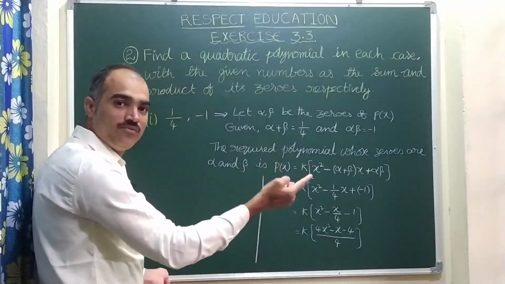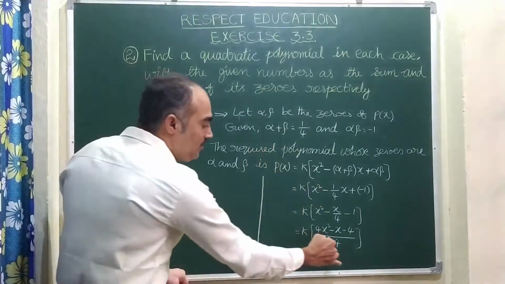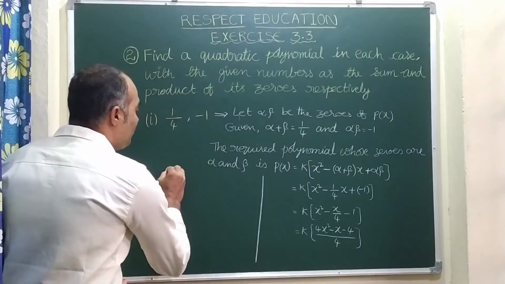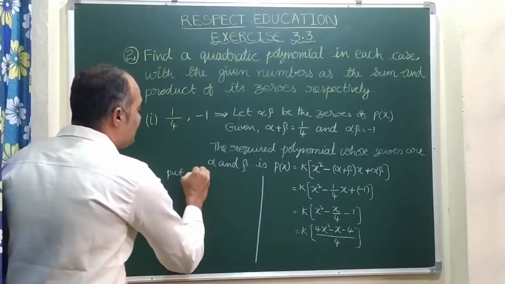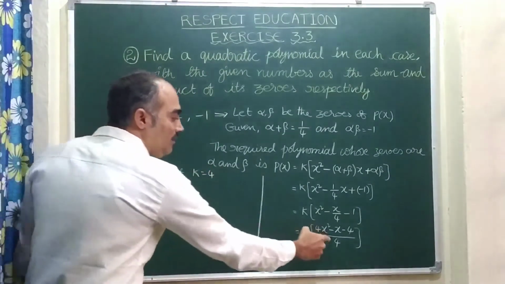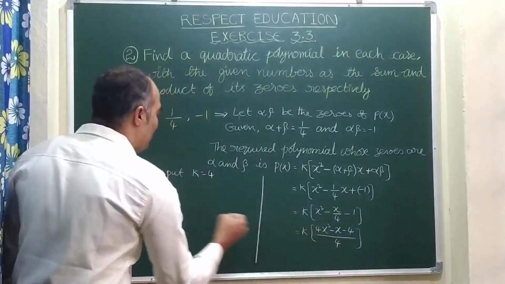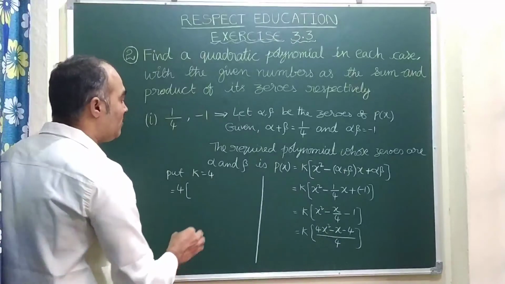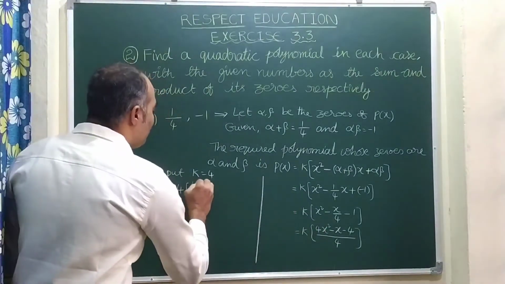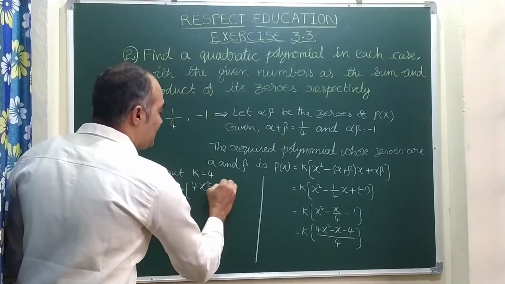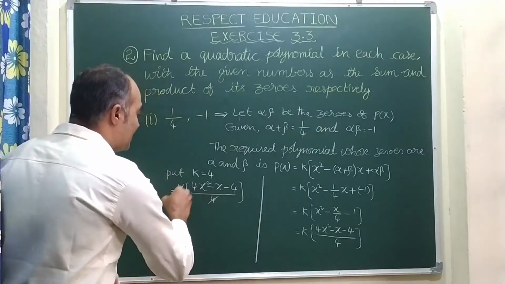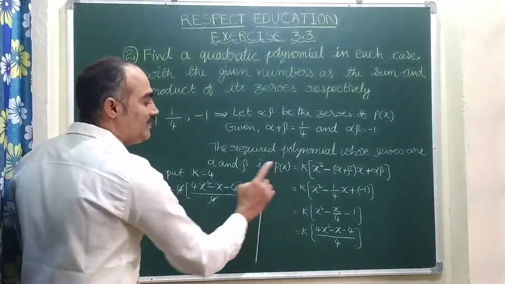For example, next time if we get 3, for example I am saying if we get 3 here, we can take k equal to 3. So here I am putting k is equal to 4. Now the polynomial becomes k into, means 4 into, because I am taking k is equal to 4, so 4 into 4x square minus x minus 4 by 4. Now this 4 gets cancelled, that is the purpose I have taken k is equal to 4.